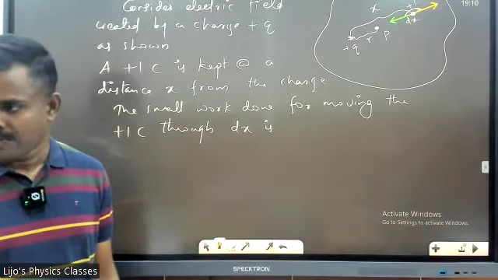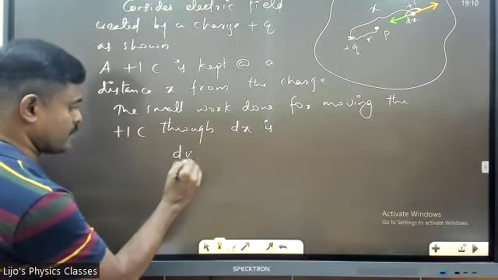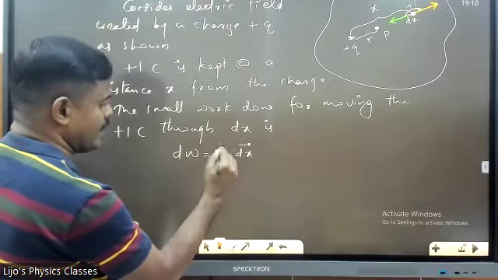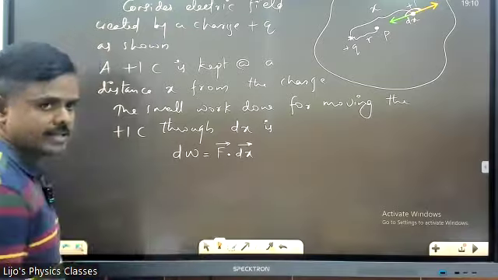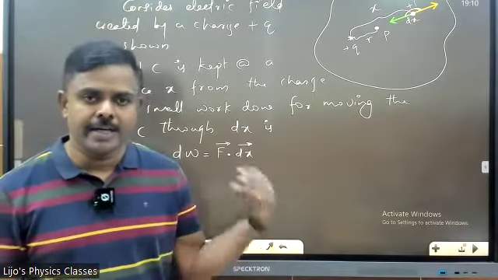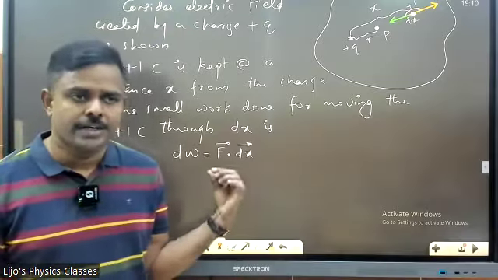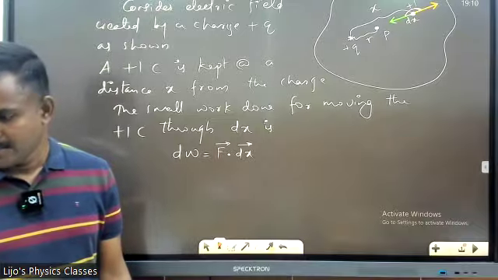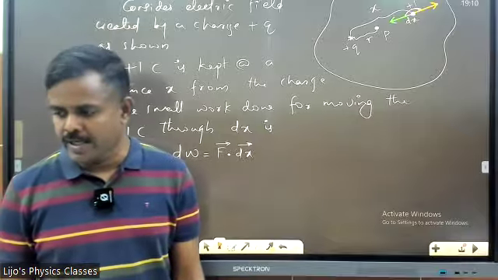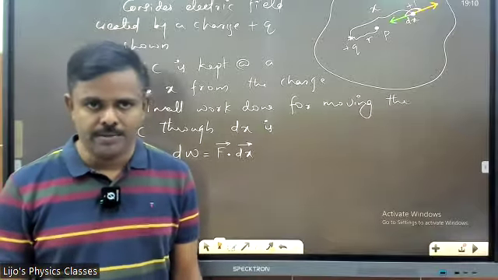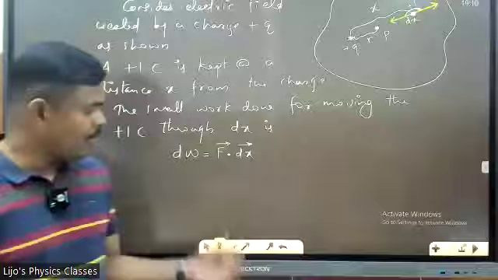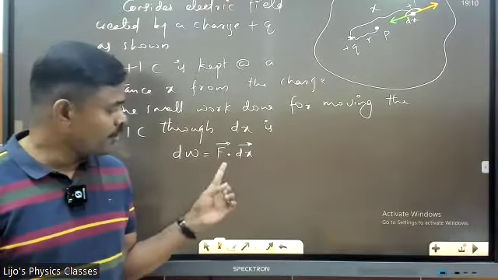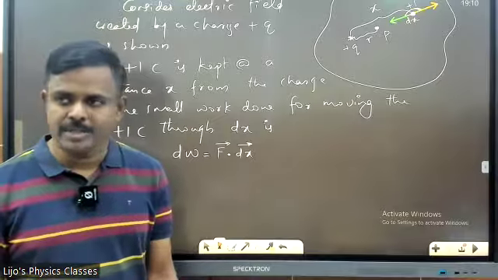How do we write the small work done? F dot dx. Don't ask me where it comes from. We learned this in the last chapter, right? Work done is given by force dot displacement. You call the work done by the name dw. dw means a small amount of work: force dot small displacement.